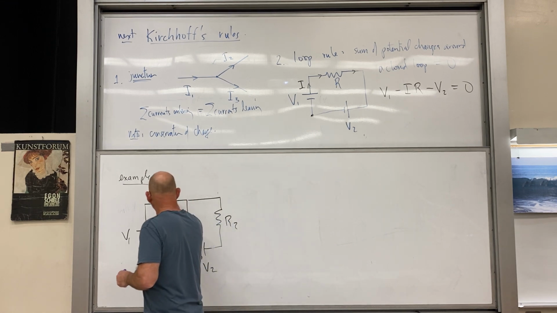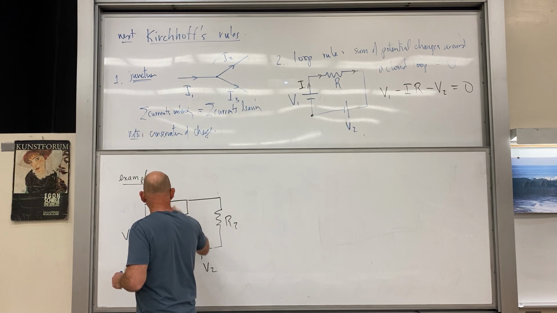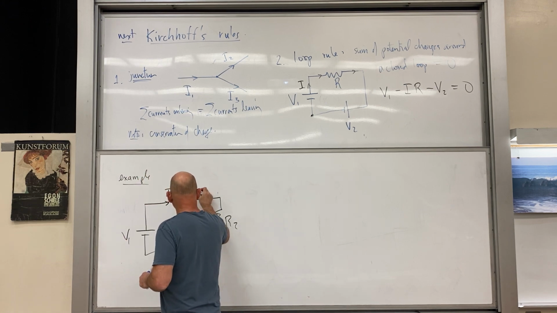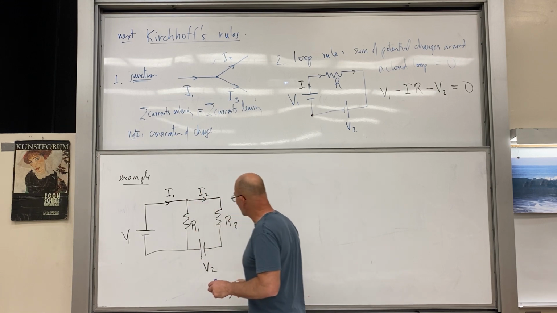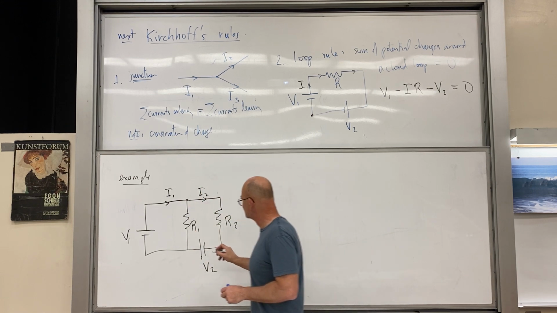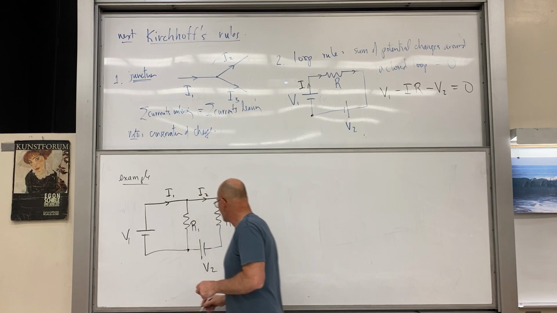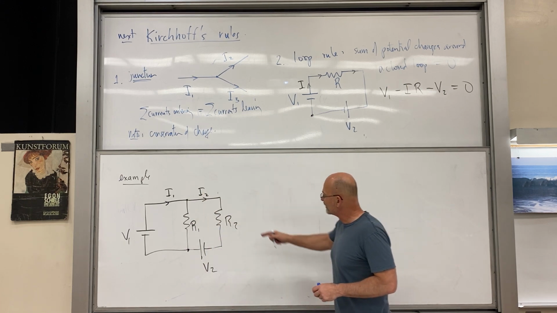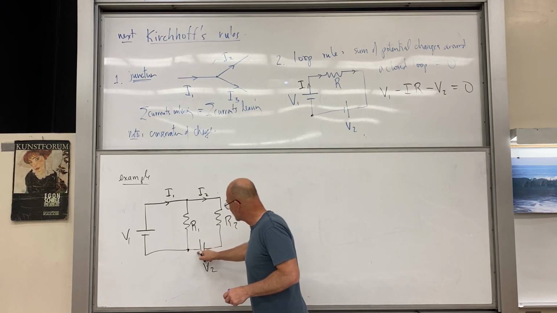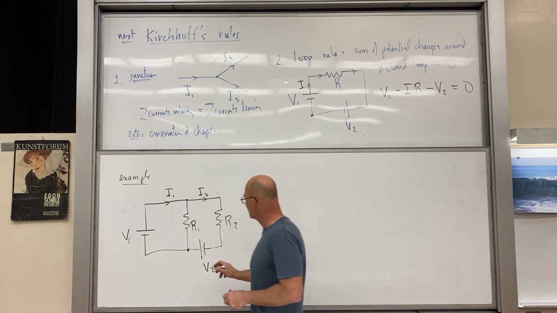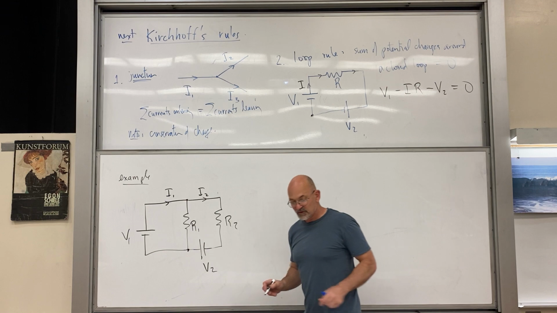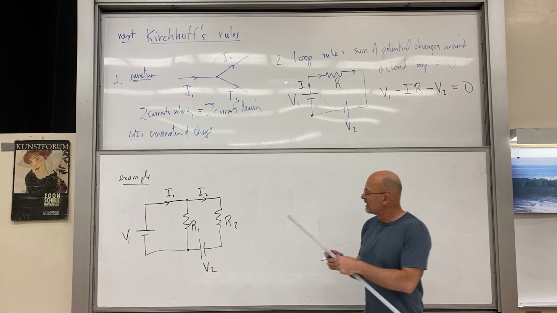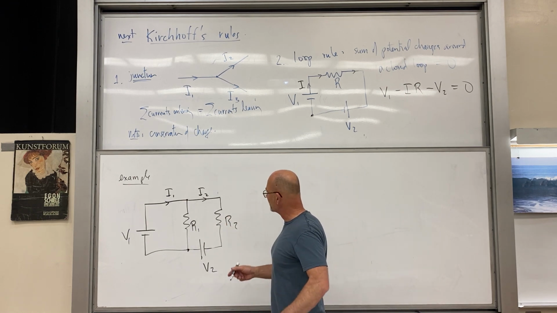So we're just going to say we've got I sub 1, I sub 2, and we'll just draw it in this direction. And of course, this current here corresponds to that current there. So now, let's go ahead and do our junction rule up here.